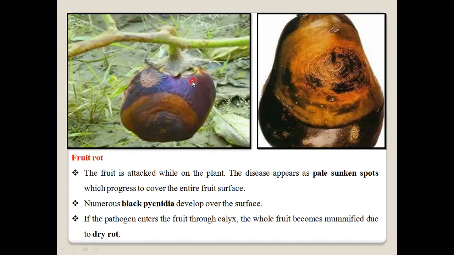Initially, pale brownish or brownish sunken spots are seen on the outer surface of these developing fruits. But these spots enlarge in a circular manner, and a majority portion of the fruit becomes infected, turning dark brown to somewhat black in color. These are blackish concentric sunken lesions developed on the outer surface of the fruits.